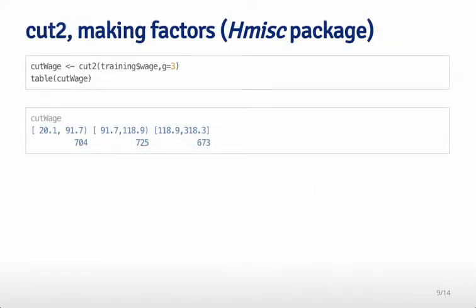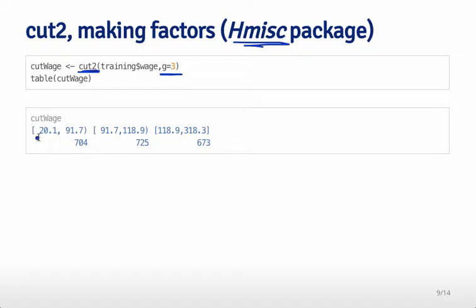The other thing that is often very useful is to break up things like the wage variable into different categories, because sometimes it's clear that specific categories seem to have different relationships. The way I tend to do that is with the cut2 function that's in the Hmisc package. If you load the Hmisc package and then use cut2, you can tell it with the g parameter how many groups to break the data set into, and it'll break the data set up into factors based on quantile groups.